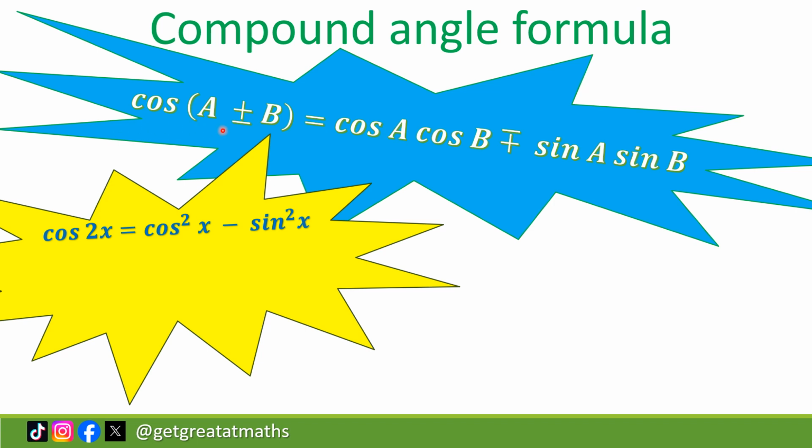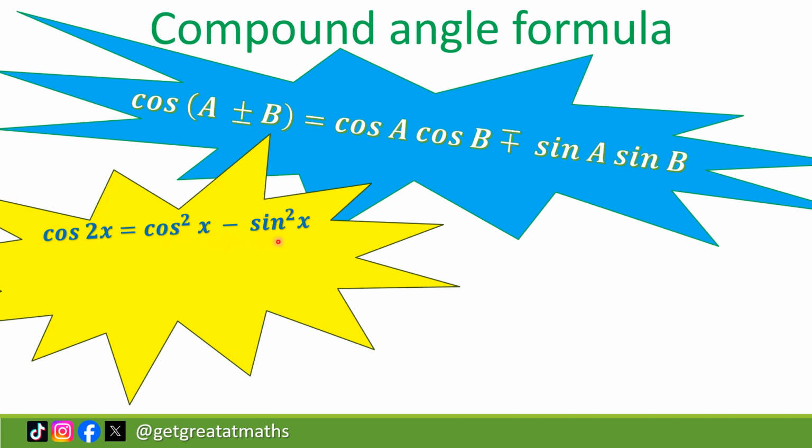The one in the blue is going to be given to you in the formula book. The one in yellow, I would recommend you learn, because it is going to save time in the exam. You can work them out in the exam if you do forget or you want to just check.